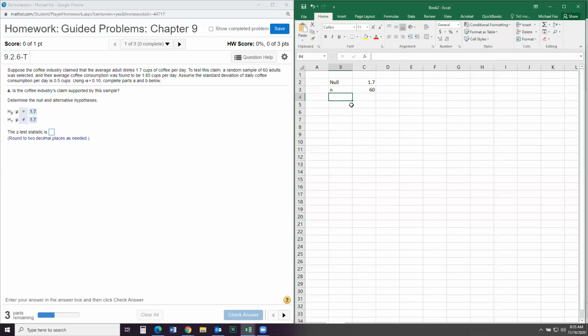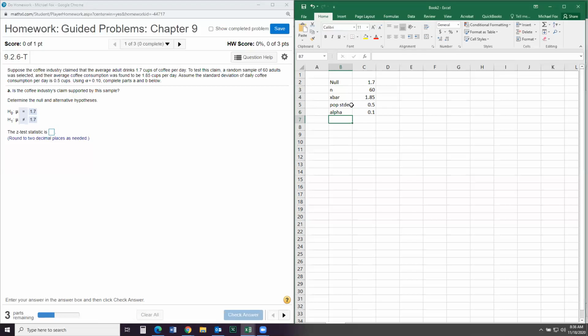And our x bar, or our sample mean, is 1.85. So out of those 60 people, our average was 1.85 cups per day. We have a standard deviation, and this is not the standard deviation of the sample. It just says the standard deviation of coffee consumption, so that's the population standard deviation, 0.5. And our alpha is 0.1.